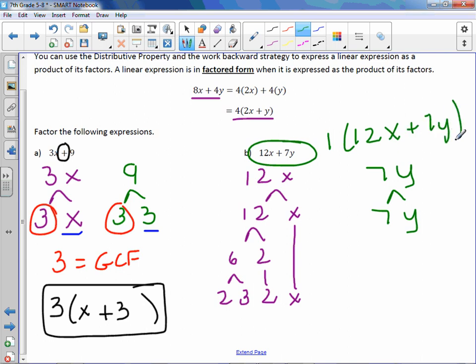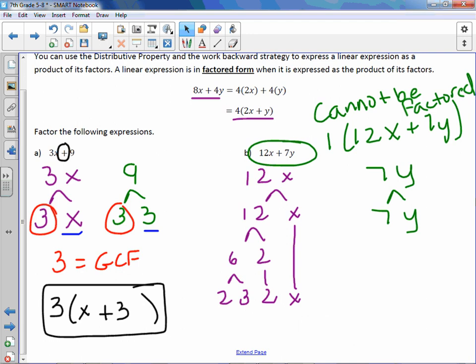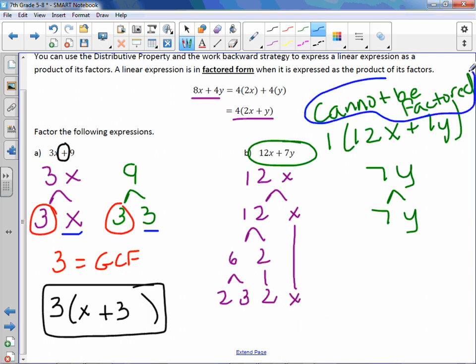Or sometimes you might see the term cannot be factored. So for this one, we're going to go with the answer cannot be factored. You didn't circle anything. There's no GCF other than 1, so we would just say cannot be factored.